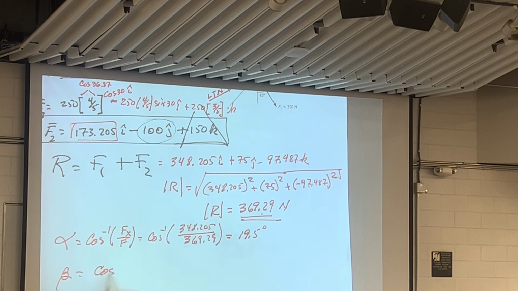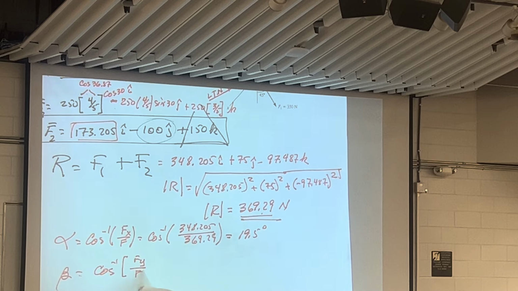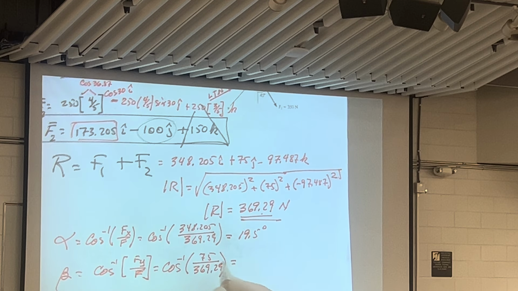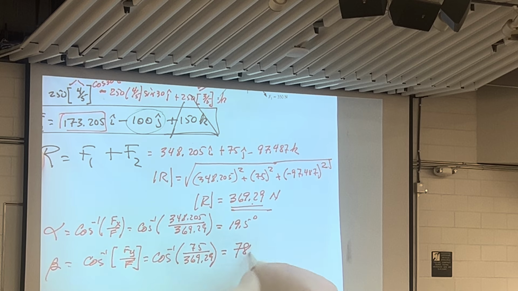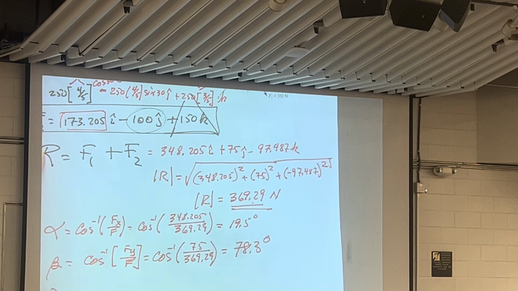Beta is cosine inverse of Fy over F, which is cosine inverse of 75 over 369.29, which gives me 78.3 degrees.